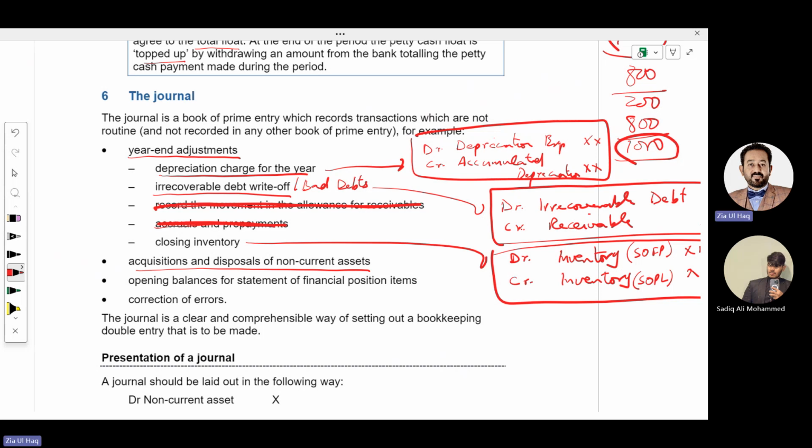But if the company is buying or selling non-current assets, the accounting entry needs to be recorded in the journal. Opening balances of statement of financial position items, leave it for now. And correction of errors, also leave it for now. So what we record in the journal: the year-end adjustments of depreciation, of bad debts, of closing inventory, and acquisition, meaning buying, and disposal, meaning selling, of non-current assets.